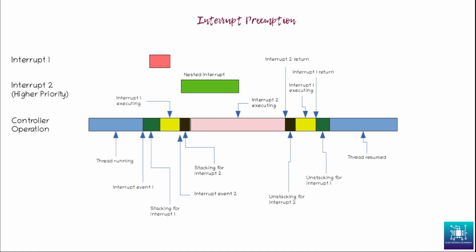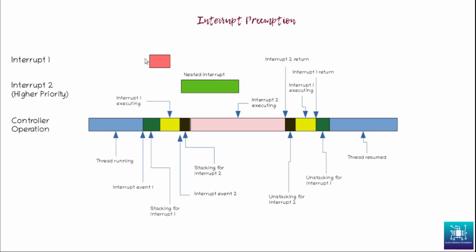Now, we spoke about interrupt preemption and interrupt priority grouping and so on. This is just a diagrammatic representation of how interrupt preemption happens. You already know this, we discussed it, but this is how it looks. Say interrupt 1 of a lower priority is asserted here. Before this, a thread was running, maybe your main program.